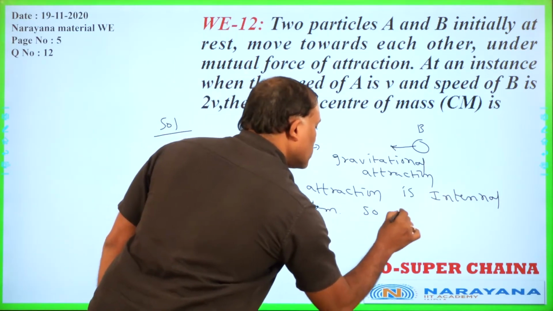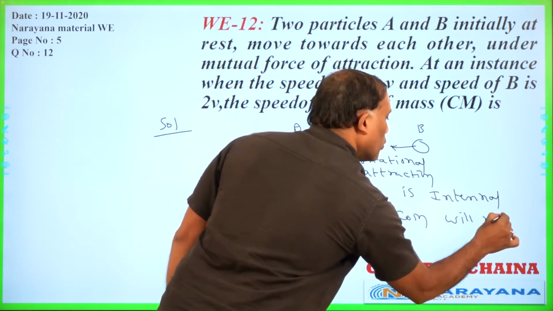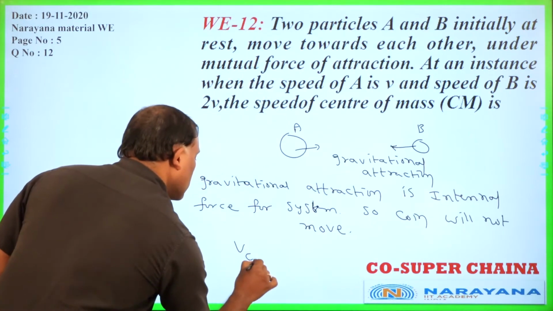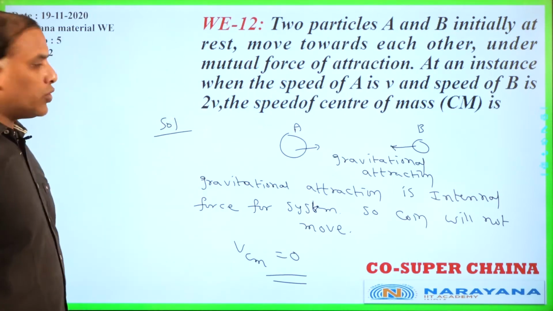So the center of mass will not move. So velocity of center of mass is equal to 0. That is the answer to that question.